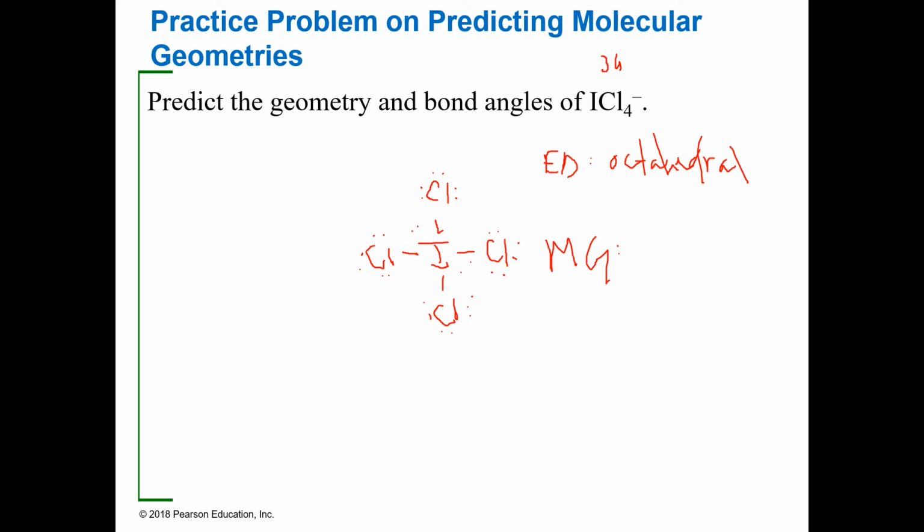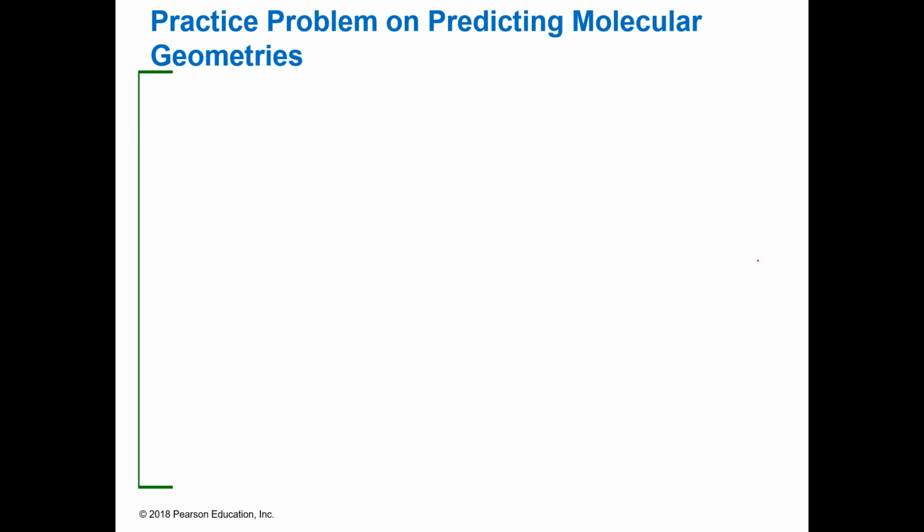So if you look at that on your chart, the molecular geometry is going to be square planar. All right. So that takes us for that at the moment.